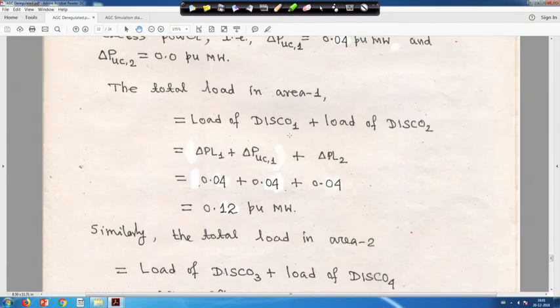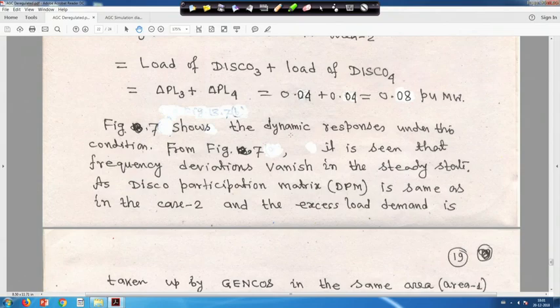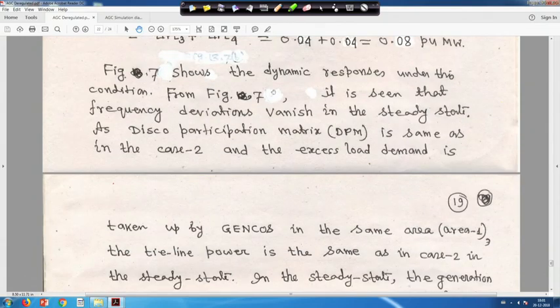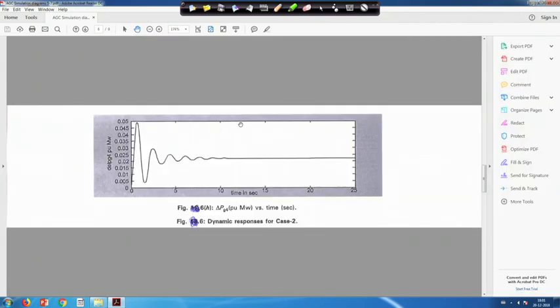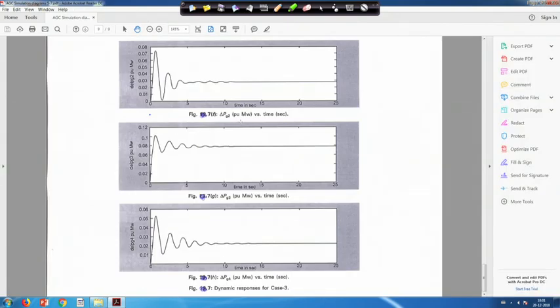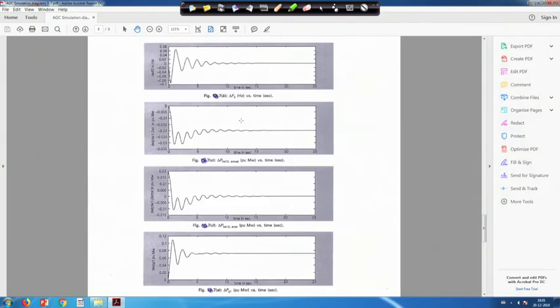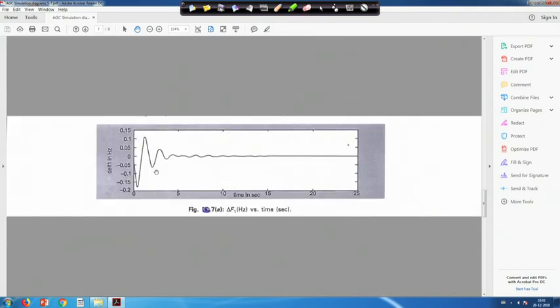So the figure shows the dynamic responses, so I will go to those dynamic responses. If I go back to your figure 7, this is figure 7a. If you look into figure 7, the frequency deviation in area 1 at steady state is 0.